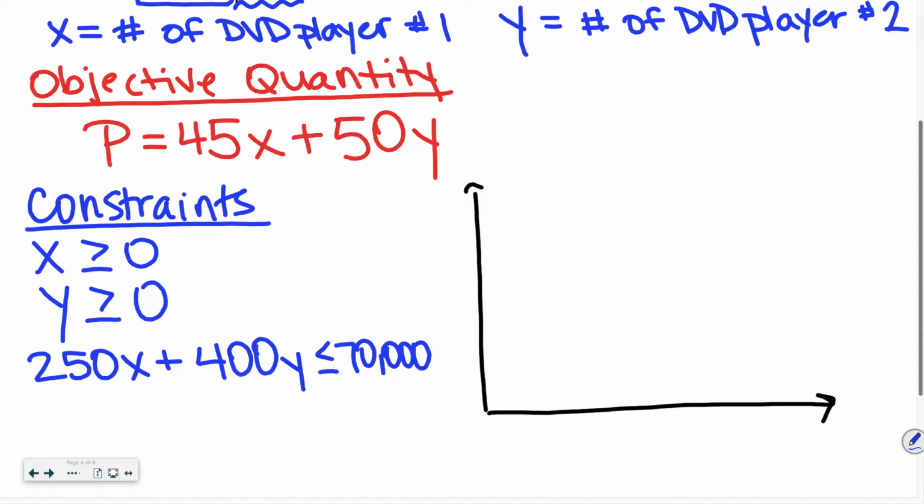Okay. What other piece of information did they give us in there? Great. They don't want more than 250. So write down what inequality you think that would be. They don't want more than 250 DVD players on their shelf.